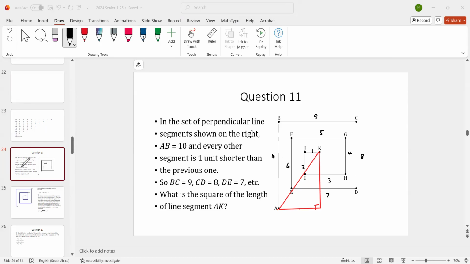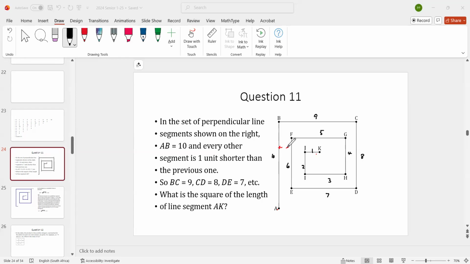I'm going to remove these red lines for the time being. So I need to know the horizontal distance from A to K. Now, here's something.